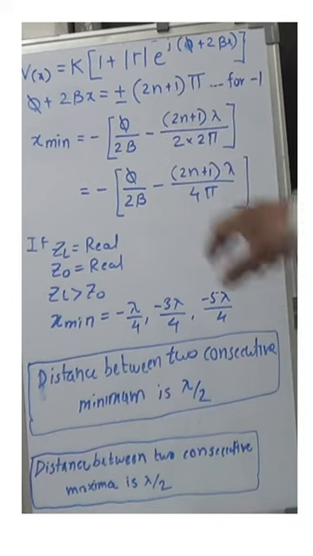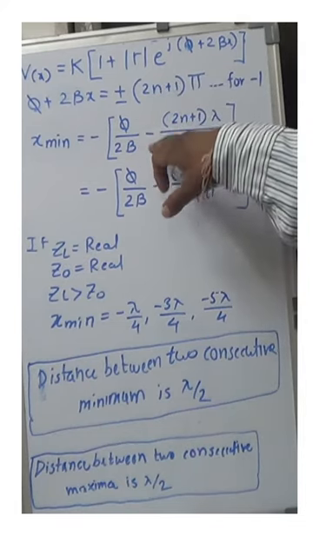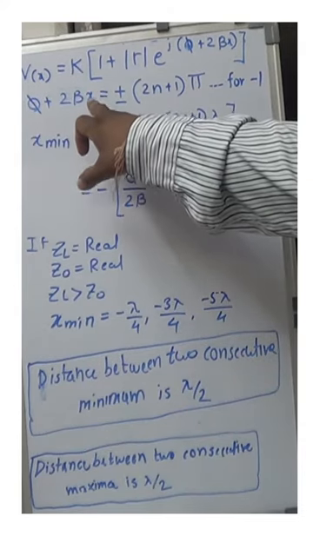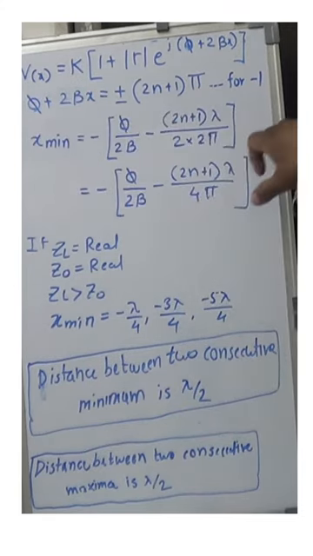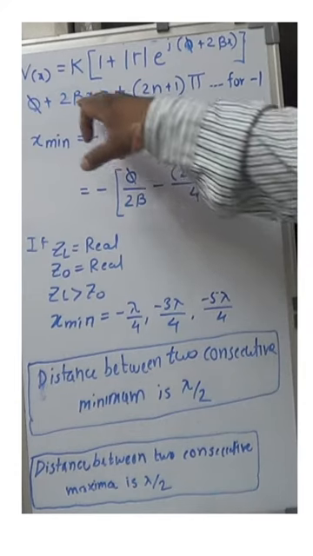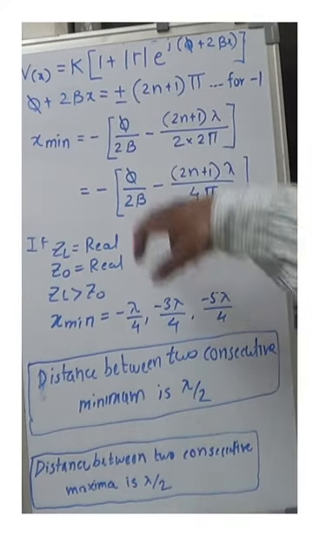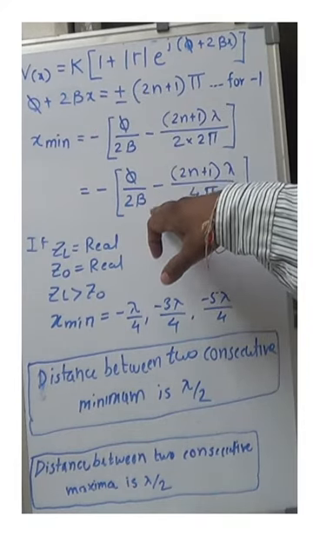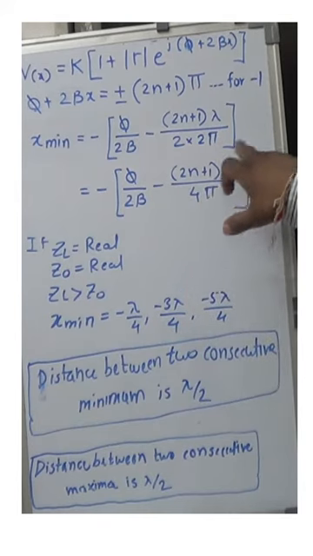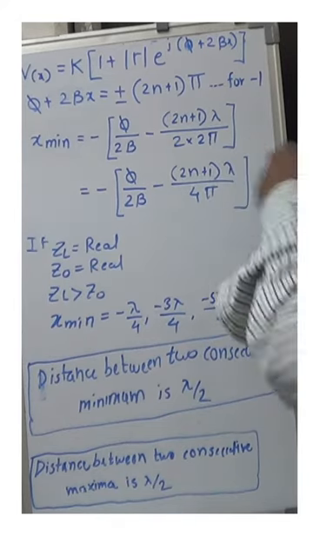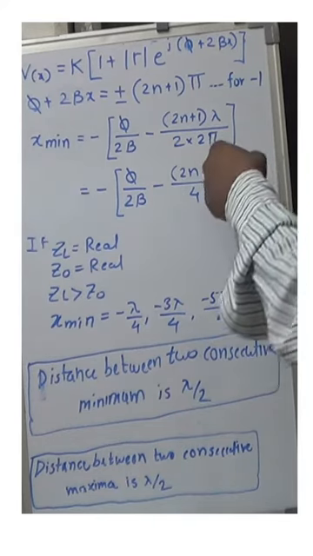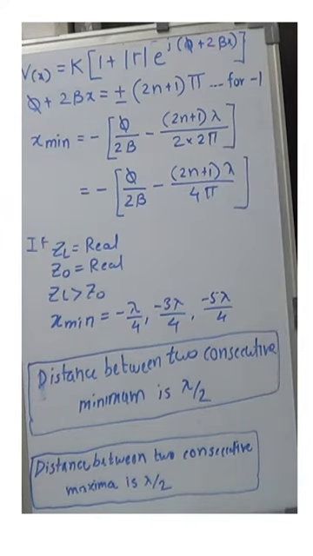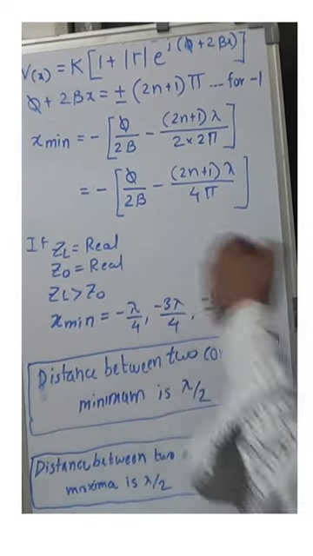So X minimum, from this equation, is obtained by finding the value of X. So this equation is derived from this equation, is equal to minus of phi upon 2 beta minus 2n plus 1 lambda upon 4 pi. So here again I put the value of beta, that is 2 pi by lambda, so lambda will come in the numerator, and again for this equation we will see the condition.